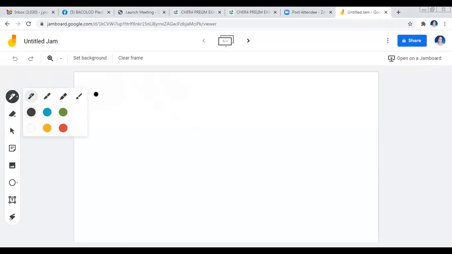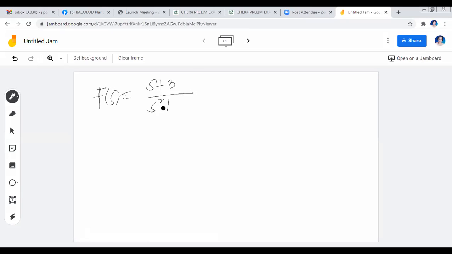In that particular function, your given function of s is s plus 6 over s squared plus 3s plus 2.